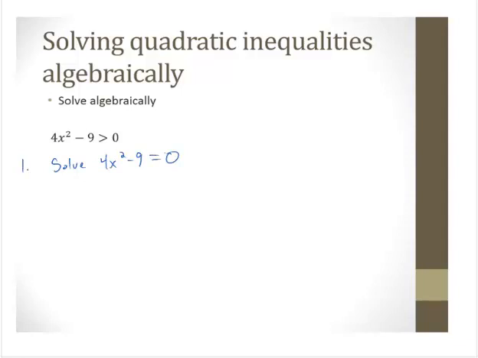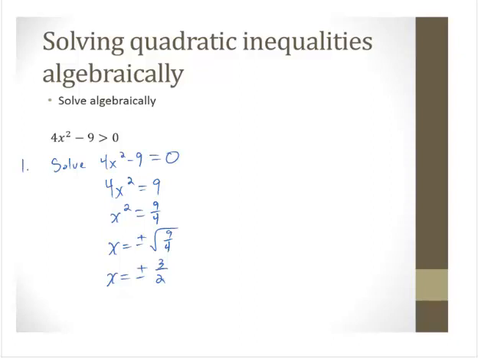Now I look at this and notice that there's no x term, so I'm going to use the square root property. So I got 4x squared equals 9, which means that x squared equals 9/4, which means that x is the positive or negative square root of 9/4, so then x is positive or negative 3/2.